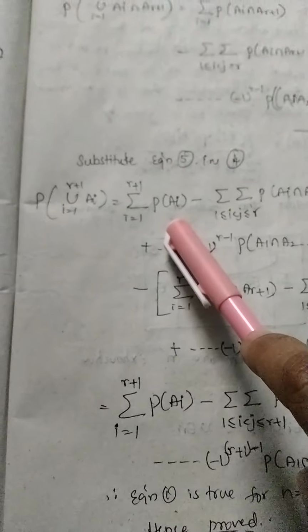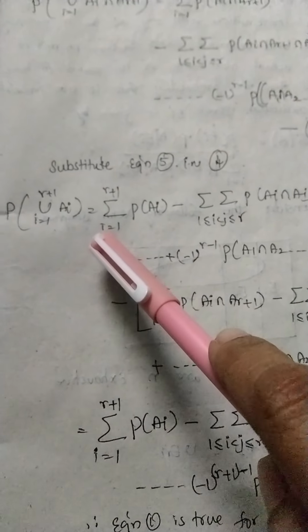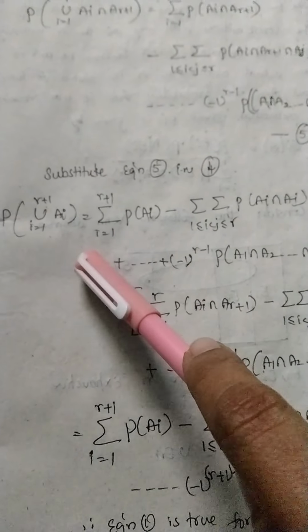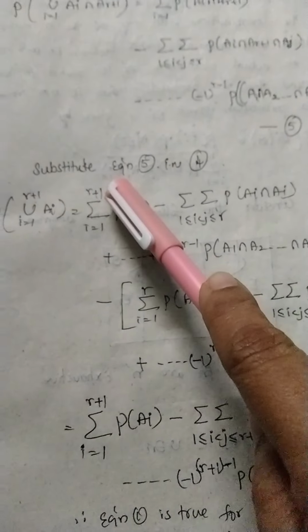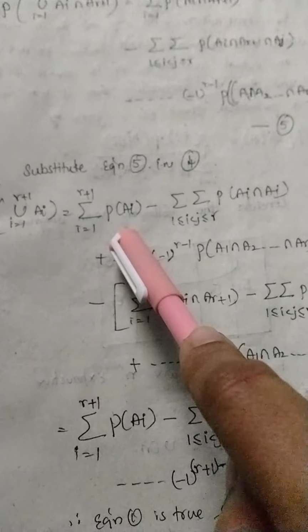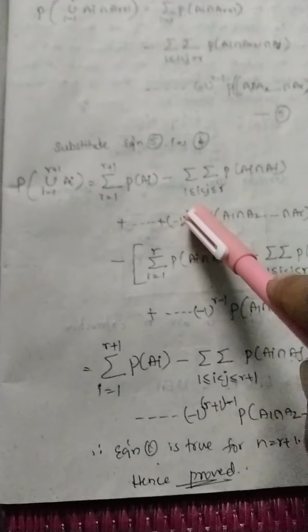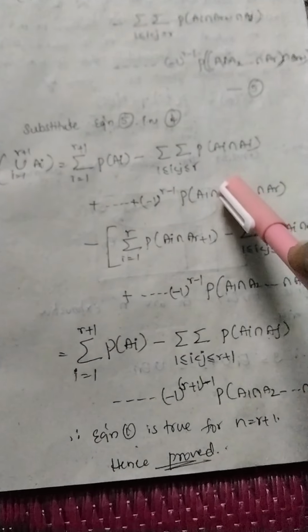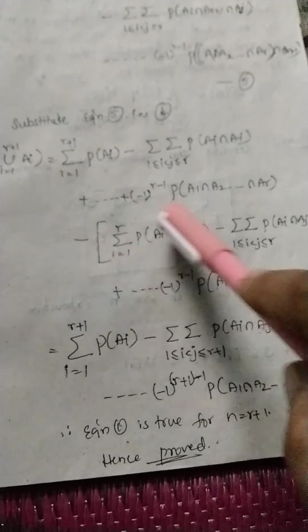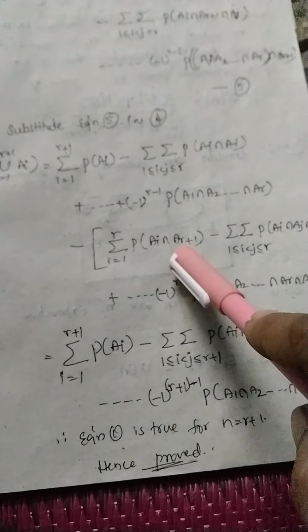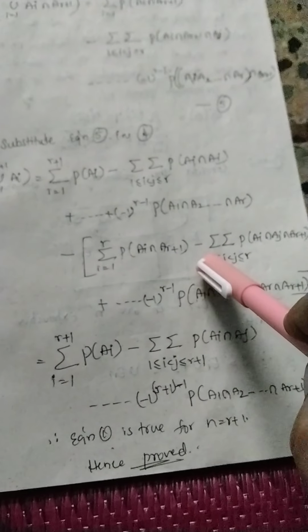The first term is nothing but probability of A_i, where the values are from i equals 1 to r+1, that is summation. Whatever you have there, I am going to write here, minus double summation probability of A_i intersection A_j. See, here A_i intersection A_j and here A_i intersection, minus into minus will become plus.